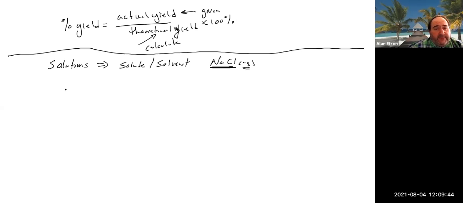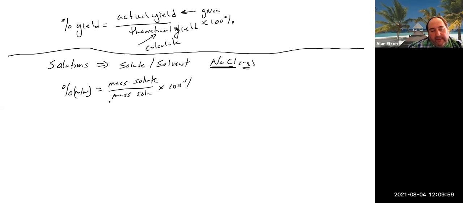We talked about some percent concentrations. We had percent mass to mass, and that is the mass of the solute divided by the mass of the solution times 100%. Remember, in this case, the mass of the solution is both of these together. So you want to make sure you have both added together, as they are oftentimes given separately in these problems.